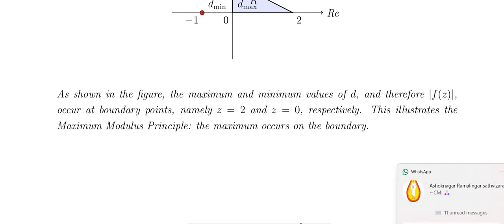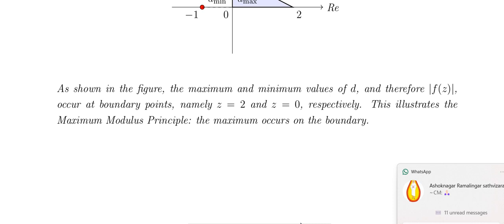Therefore the maximum and minimum values of mod f of z occur at the boundary points z equal to 2 and z equal to 0 respectively. The maximum value occurs at the point z equal to 2 and the minimum value occurs at z equal to 0.